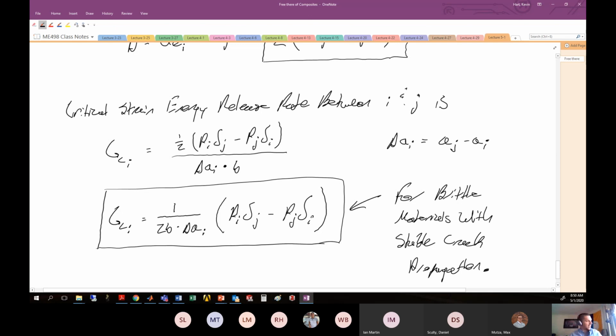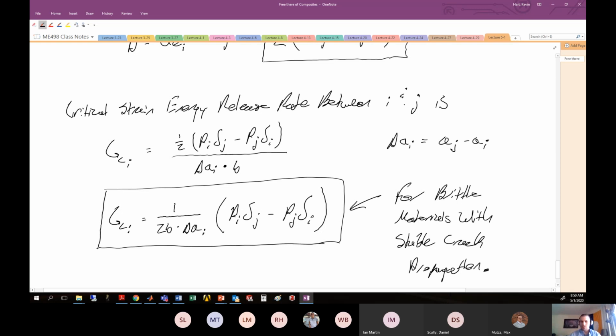So if you can identify my load and displacement when the crack has propagated 5 millimeters is this, 10 millimeters is this, 15 millimeters is this, then you can calculate multiple values of this critical strain energy release rate for this particular sample between each one of these individual IJ pairs, and you can construct again this R curve using those individual values.